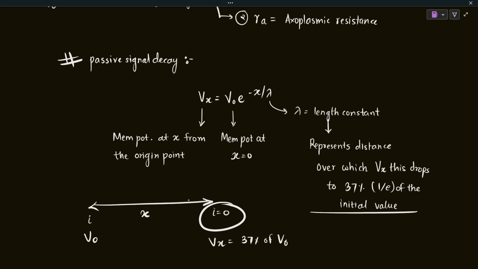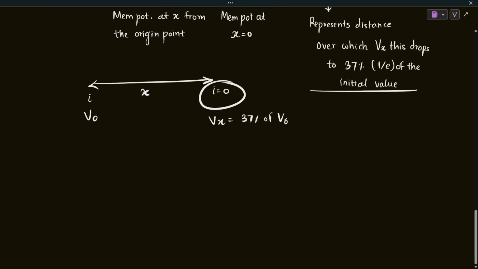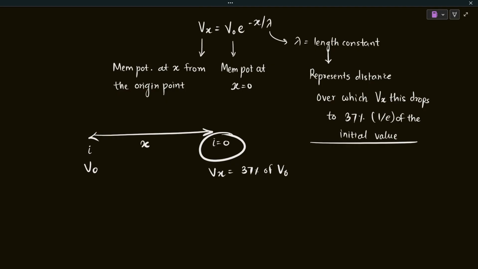This gives you an important idea about how the conduction velocity will be. It's a very logical thing that it is going to represent the distance over which the membrane potential decreases from the initial value.